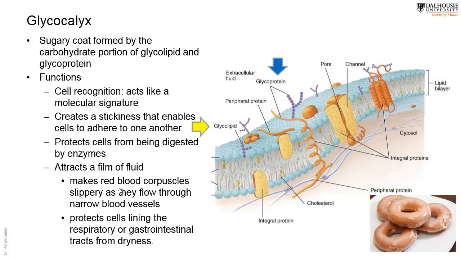On the other hand, the attraction of water will prevent dehydration in other tissues, like in the respiratory system or the gastrointestinal system. Having this coat of sugar, which will be coated with water because it attracts water, will prevent the tissue from drying, because in the GI and respiratory systems, in certain places, the tissues are exposed to the exterior, to the outside.